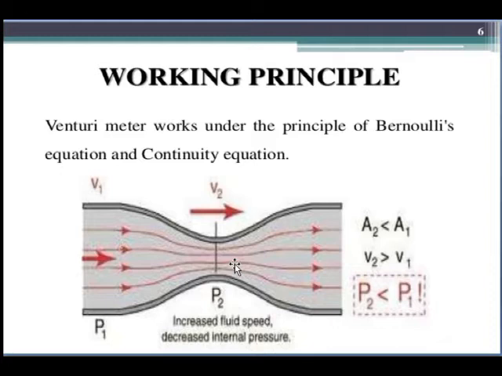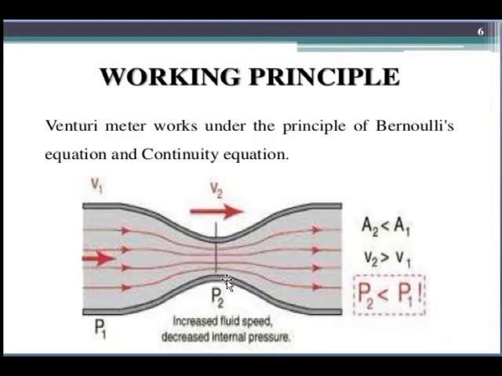Or we can identify the difference by attaching a separate pressure gauge. Then the measure of this pressure difference between these two sections enables the determination of the rate of flow of the fluid.